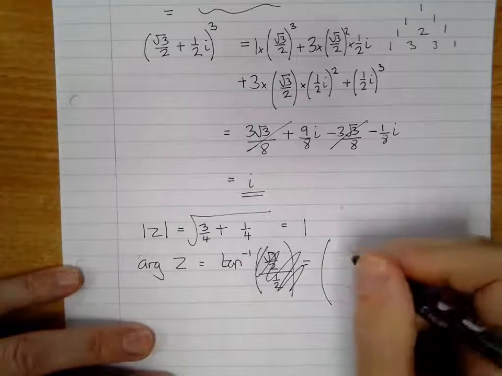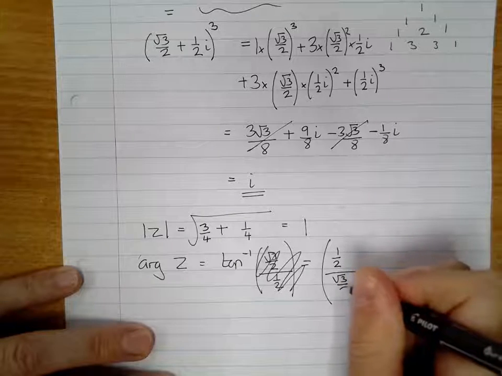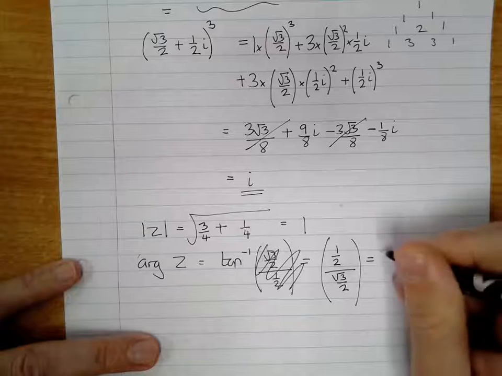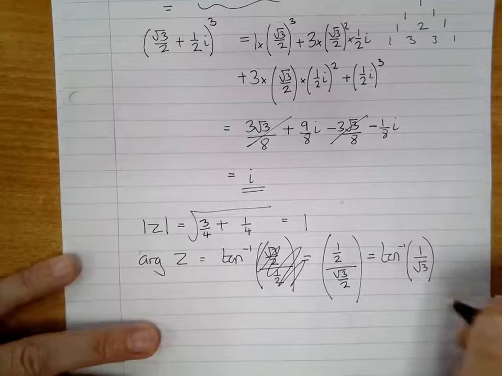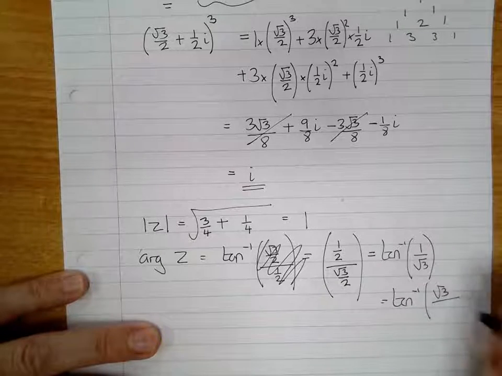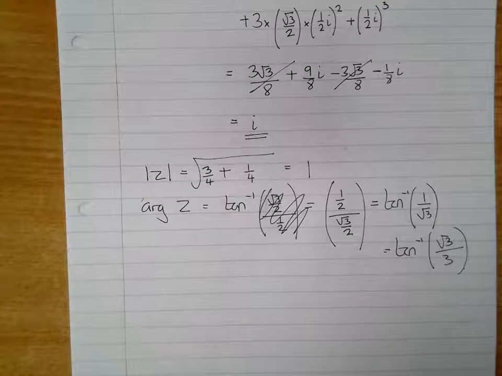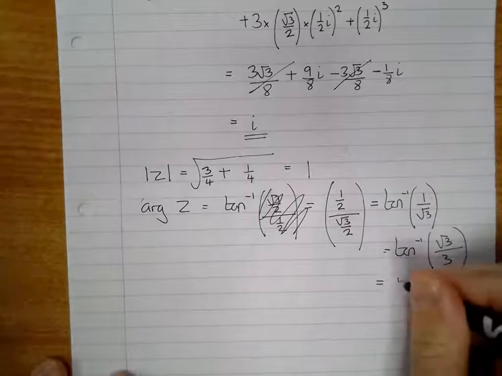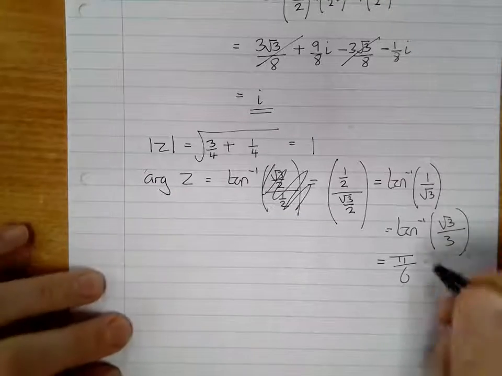So it's a half divided by root 3 over 2, which is 1 over root 3, which is root 3 over 3. And tan to minus 1 of root 3 over 3 is in fact pi over 6. It's 30 degrees.